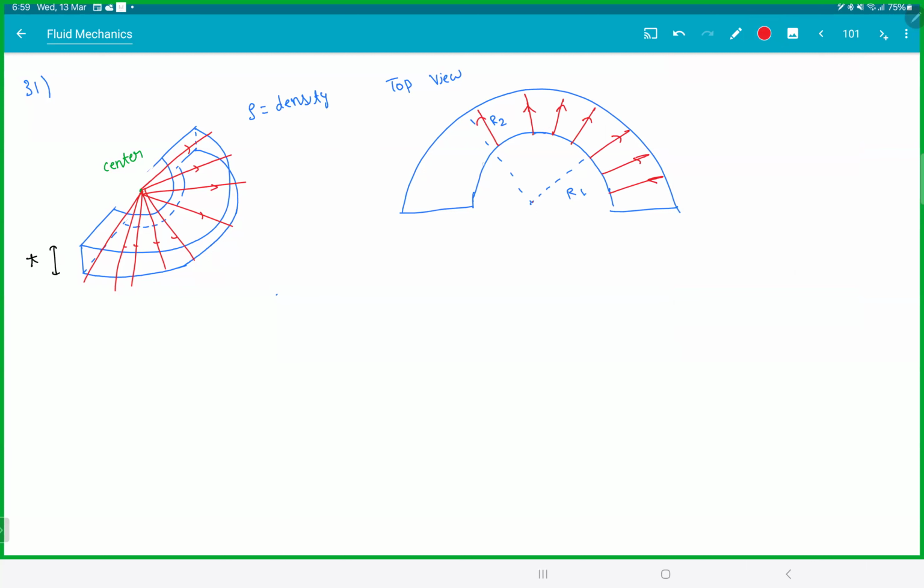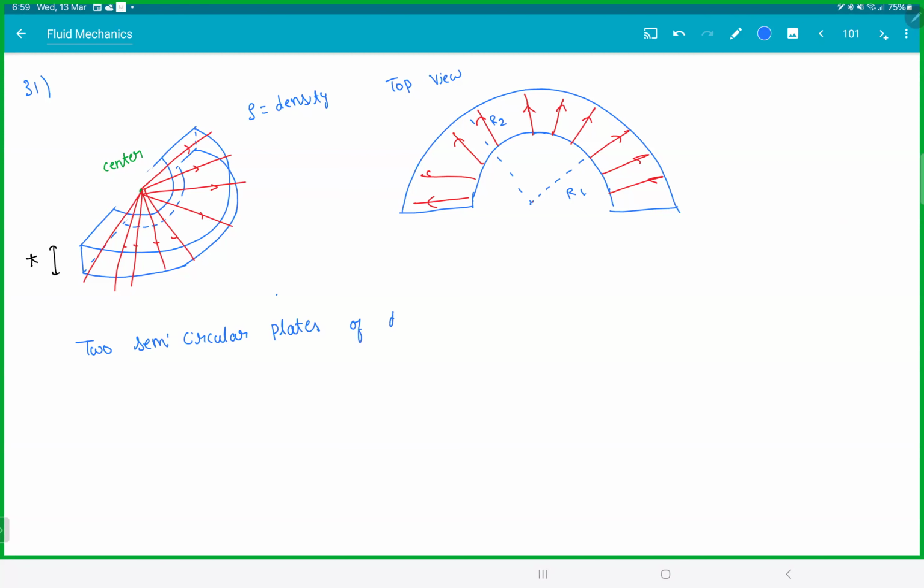So basically, as it goes out, it spreads over. Diagram understood? Okay? This is the thing. So two semicircular plates. I'll try to get a diagram.